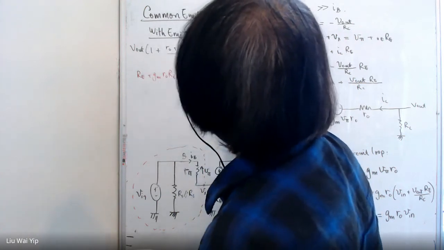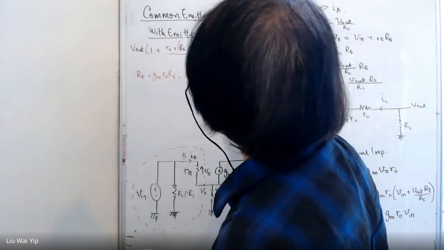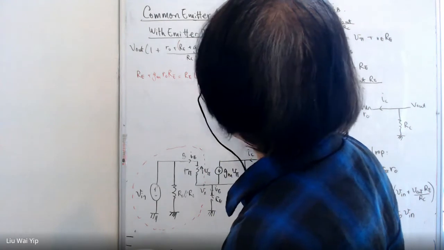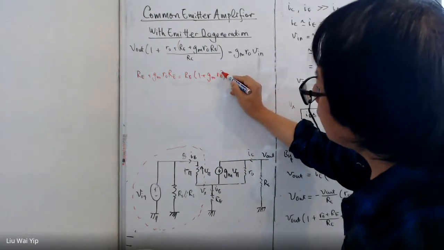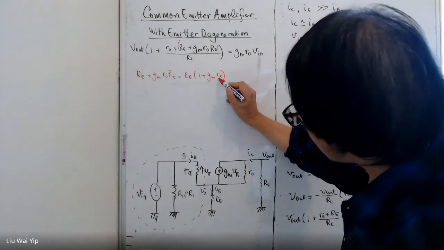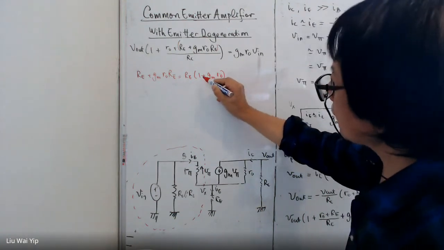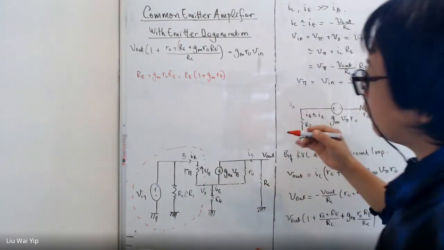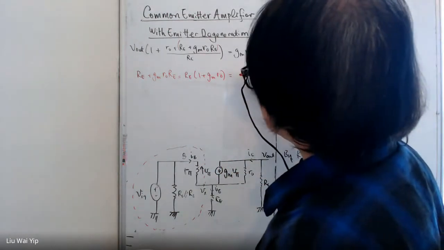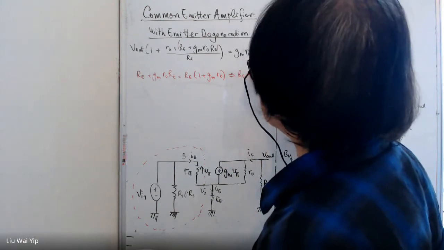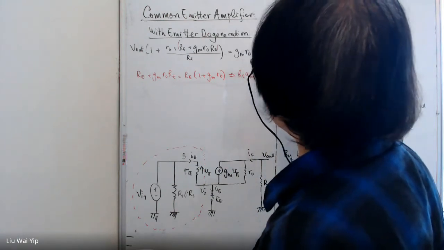If we take RE out, we get 1 over gm r0. And previously, we have known that this term gm times r0 is much greater than 1. So in this expression, we can safely assume this one is equal to RE gm r0.